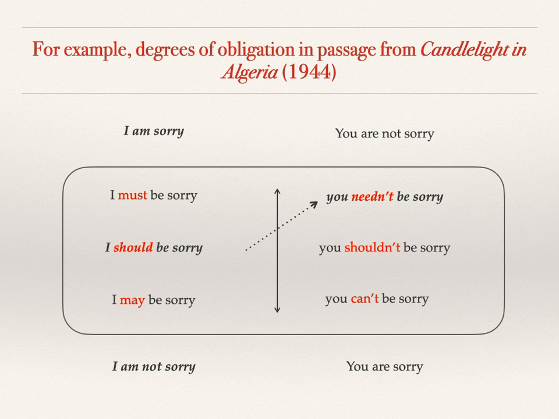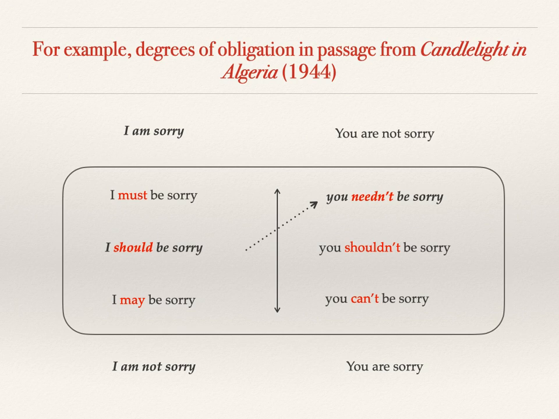I must be sorry, I should be sorry, I may be sorry. And what the person here says is I should be sorry. That's, in other words, obligation to be sorry, median. And the addressee says, you needn't be sorry, meaning you're not under obligation to be sorry. So, close to you're not sorry.